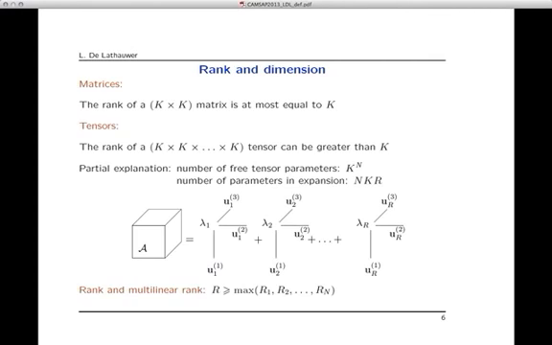If you have this tensor, k by k by k, here you have a number of rank 1 terms. Assume that you have at most k terms. Then you simply do not have enough parameters on the right-hand side of this equation to describe the k to the power 3 entries in the tensor. So obviously, in general, the rank of the tensor will actually be larger than k. And that's interesting.